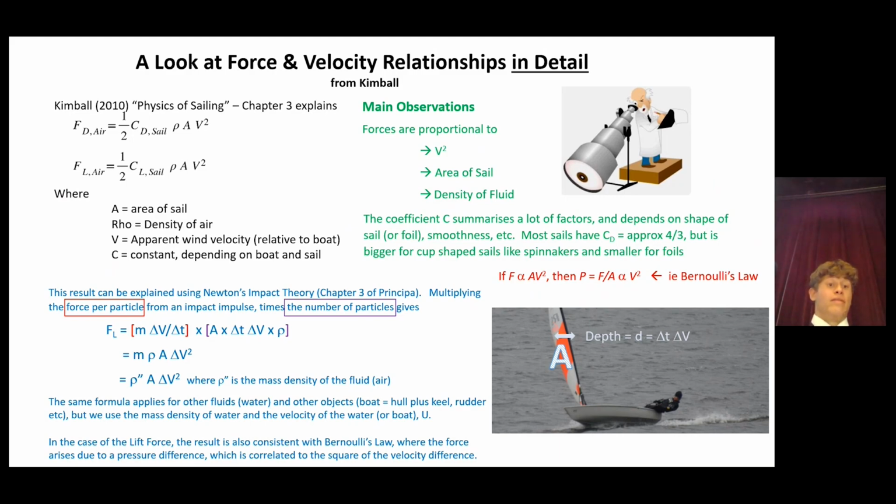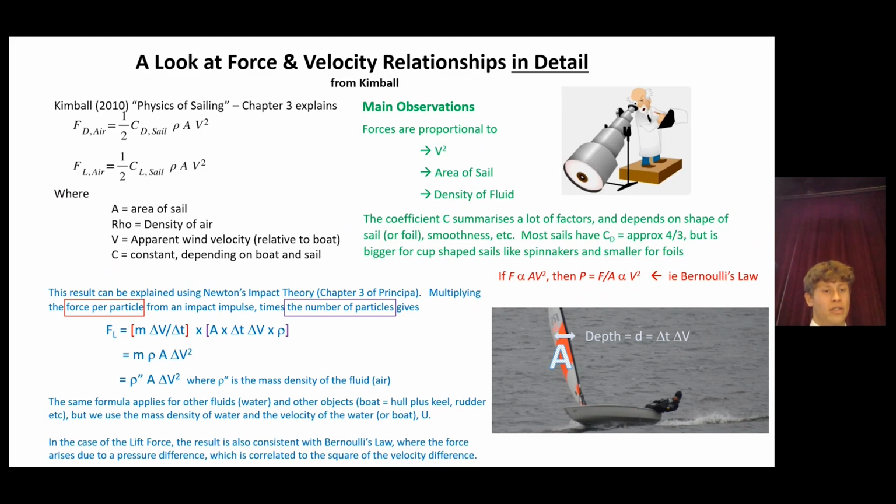The force can then be explained using Newton's impact theory. If you multiply the force per particle by the number of particles, you get these lines of math, which is essentially that the force of lift is mass times acceleration, or in calculus notation, the change in velocity over the change in time, times the area times the change in volume over the depth, times density.